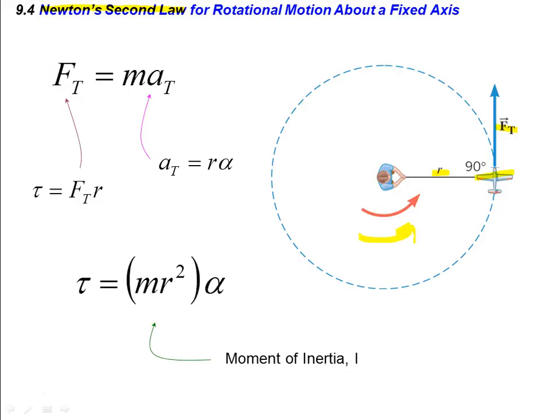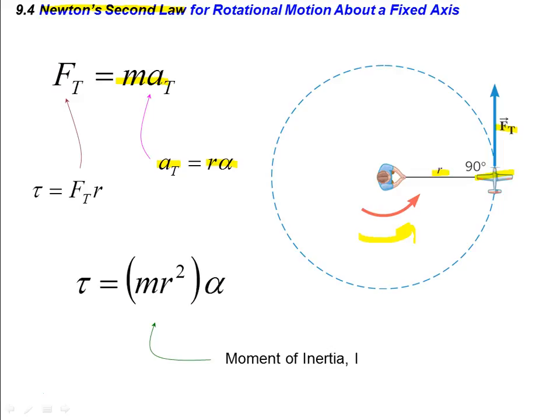tangential force. That force can be found by mass times the tangential acceleration because it's the only force acting in that direction. So that's Newton's second law of translational motion. And we know that the acceleration in the tangential direction is equal to r times alpha. If we have the angular acceleration multiplied by the radius r, that gives us our tangential acceleration.